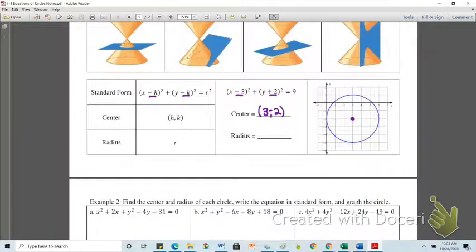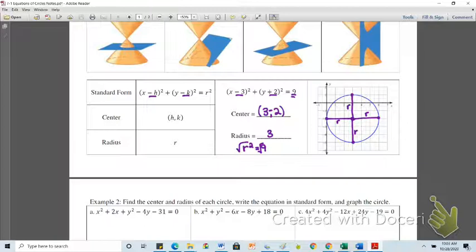My radius, so I know r squared equals 9. So that means I'd take the square root of both sides. So my radius is 3. And what I would do is I would draw 3 in every direction. Up, down, left, right. And what that does is it gives me my endpoints to play a game of connect the dots to make the best circle I possibly can.